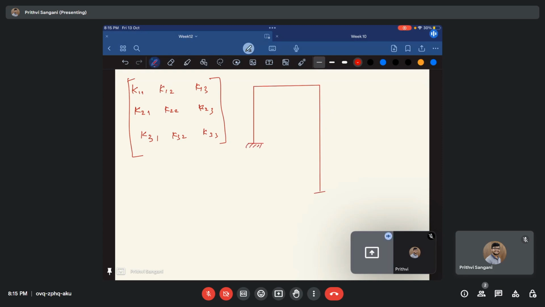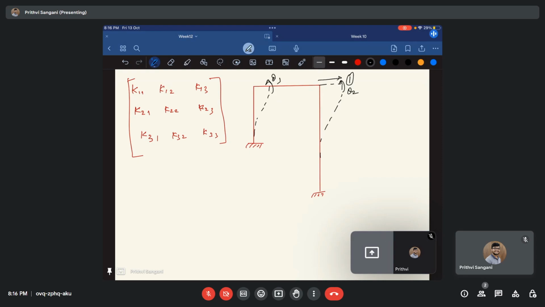I'll take the sway as the first degree of freedom, and the rotation here as the second degree of freedom, and the rotation here as the third degree of freedom.